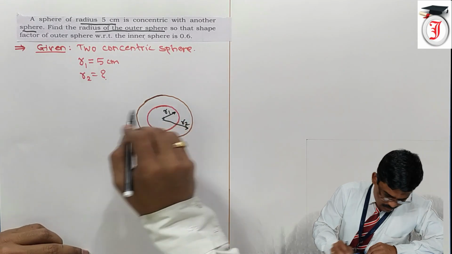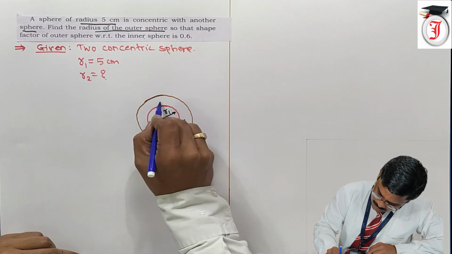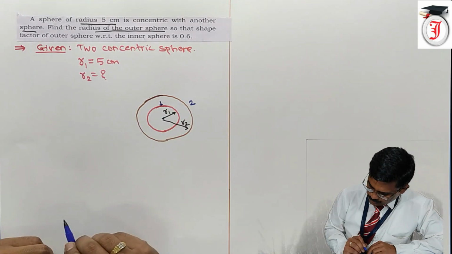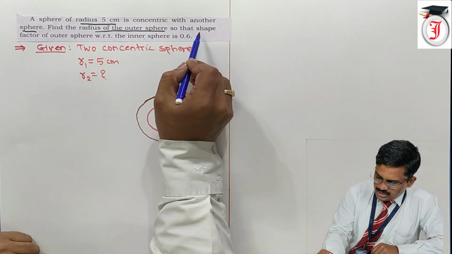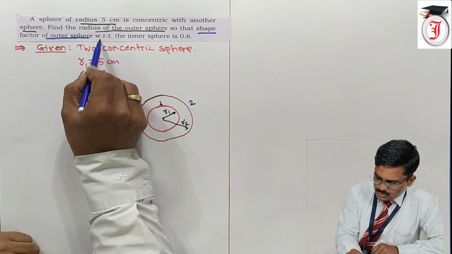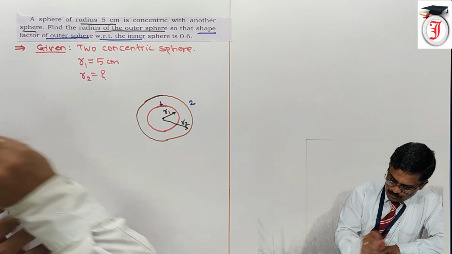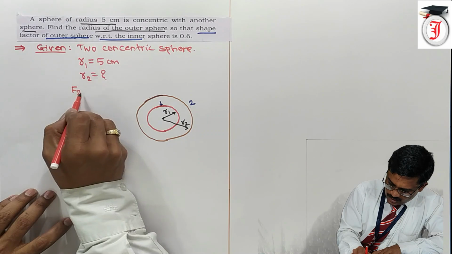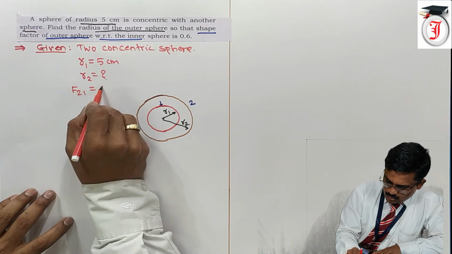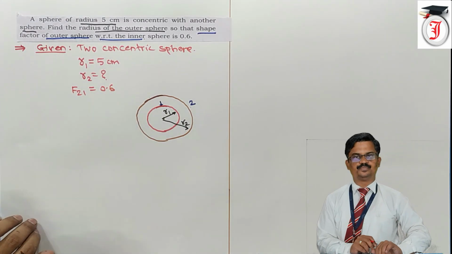Let us suppose this surface is surface 1 and this is surface 2. We are given the shape factor of the outer surface with respect to the inner surface, meaning the shape factor of 2 with respect to 1, which is equal to 0.6.